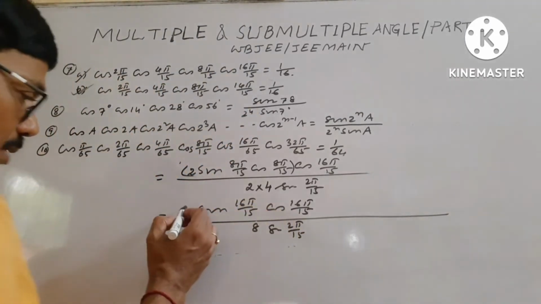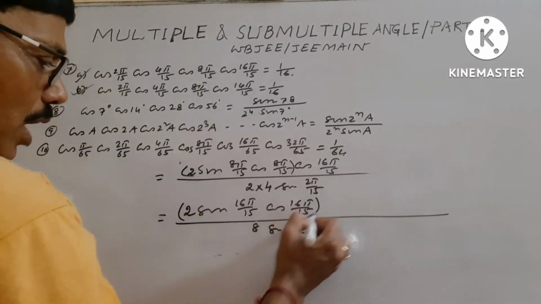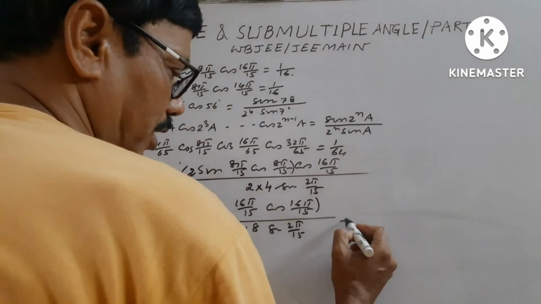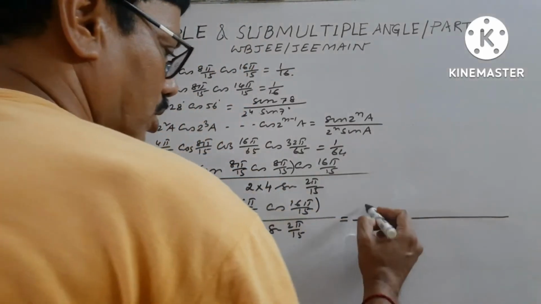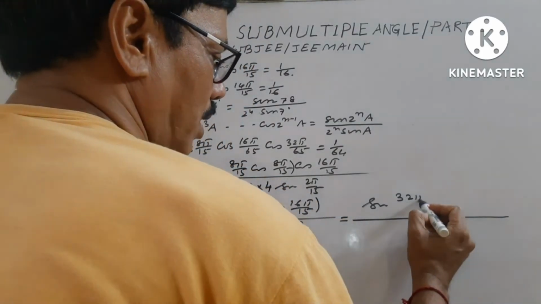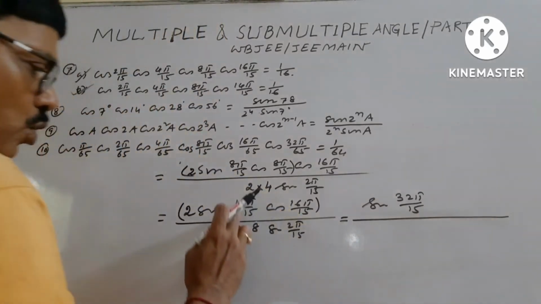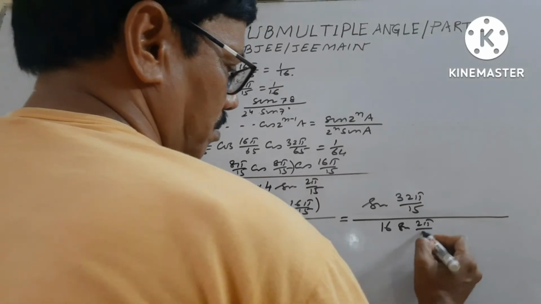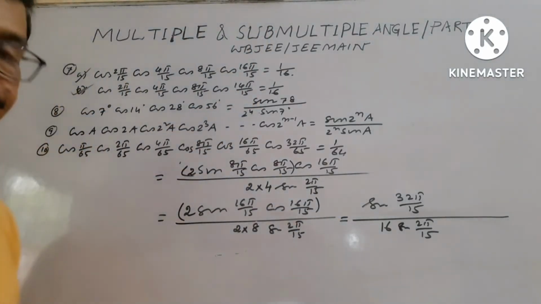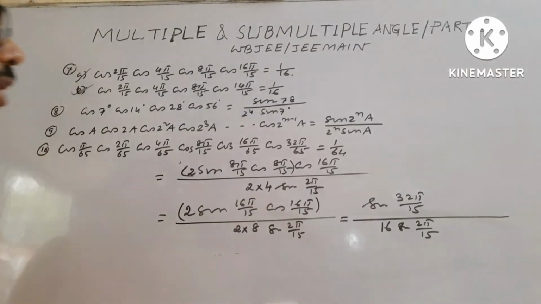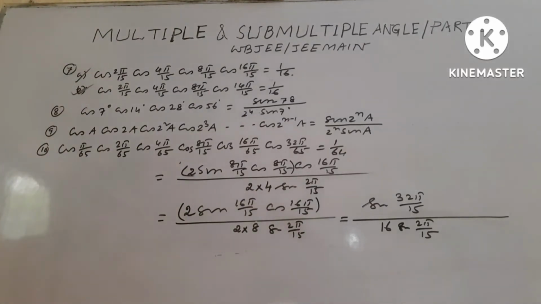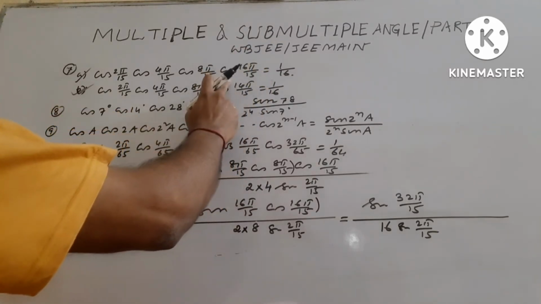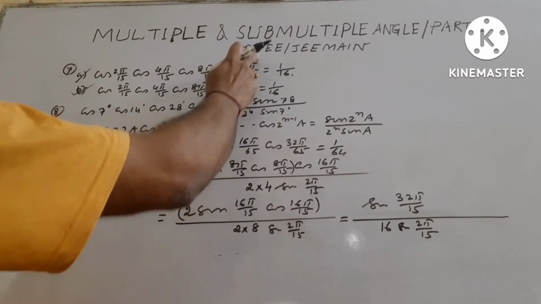Now if we multiply it by 2, we get the formula, and it is balanced by 2. So what is the value of the numerator? Sin 32 pi by 15 over 16 sin 2 pi by 15. So finally, with cos 16 pi by 15, we are getting sine of double the last angle.